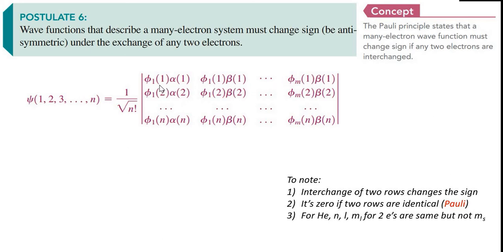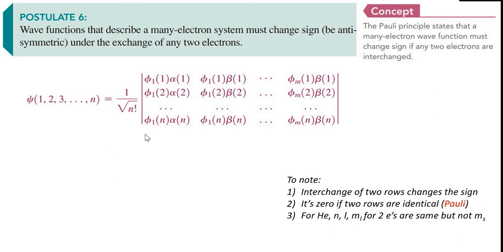The first row corresponds to the first electron, with phi 1, phi 2, phi 3 and so on. The same thing happens in the second row: phi 1 alpha beta, phi 2 alpha beta, but the difference is that this time the electron is electron 2. Similarly, the next row is phi 1 of 3 alpha of 3, phi 1 of 3 beta of 3, phi 2 of 3 alpha of 3, phi 2 of 3 beta of 3, and so on.